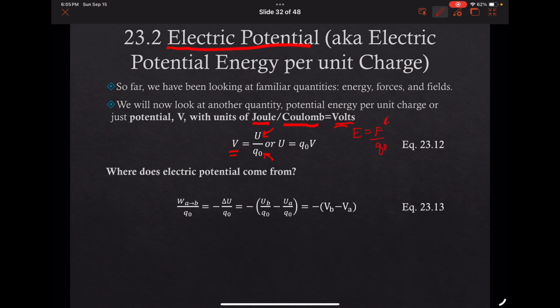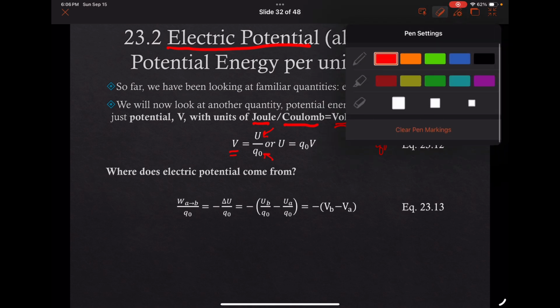So let's look at how we defined potential energy. Remember, we said that electric force is conservative, and so the work done was equal to the negative change in potential energy. If we take that definition and divide it by charge, the work done scaled by the charge is equal to the negative change in potential.